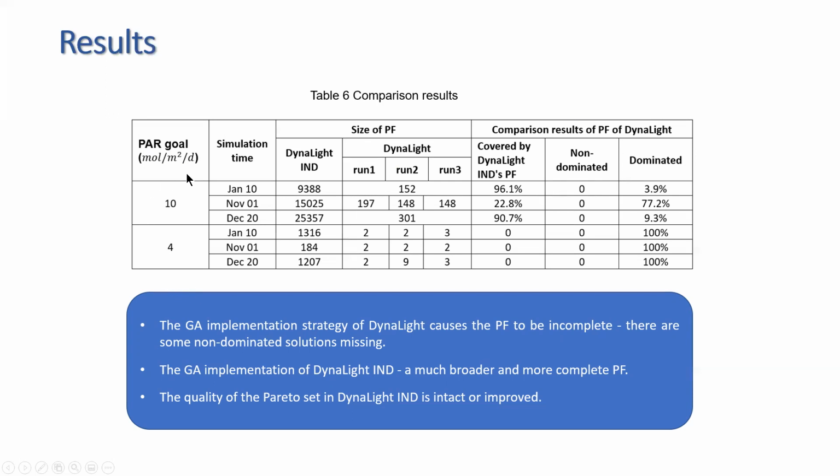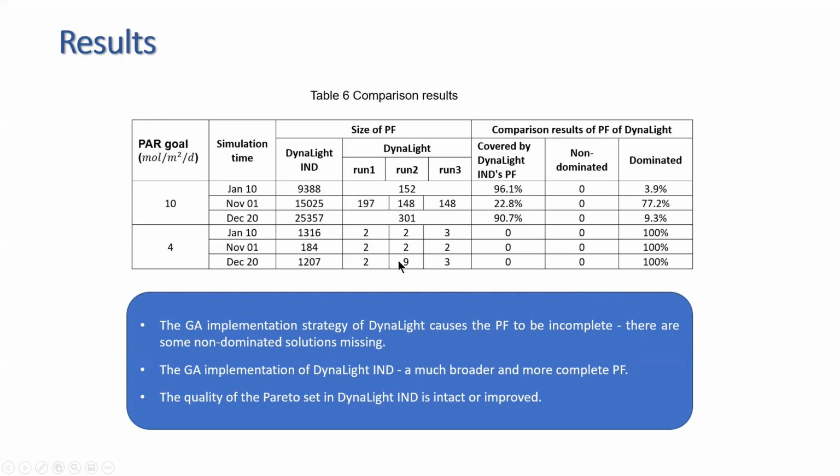We can see that when the PAR goal is 10, part of the solutions from the old version have been covered by the new version's Pareto Frontier, and part of them are dominated. But when the PAR goal is 4, all of the solutions from the old version are dominated by the new version. What we need to notice is that there are no non-dominated solutions from the old version.